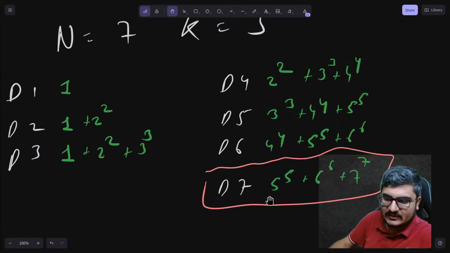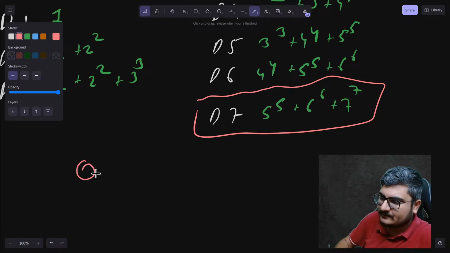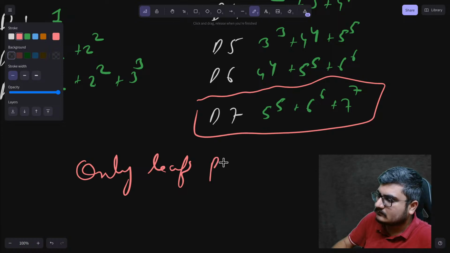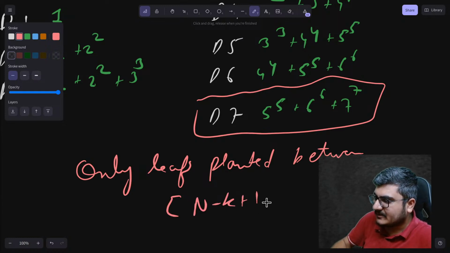One thing you can notice over here is that only leaves planted between n minus k plus 1 and n will remain.